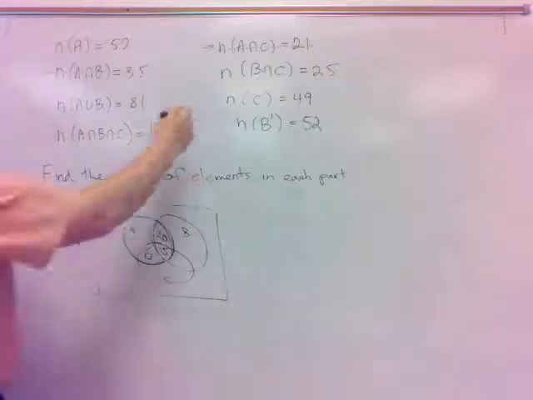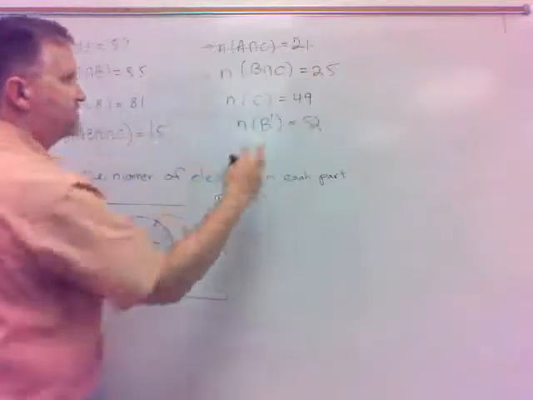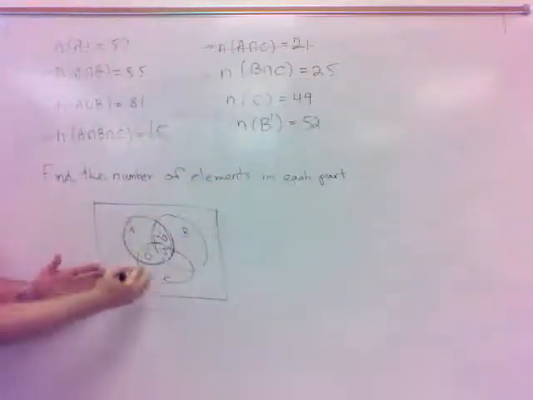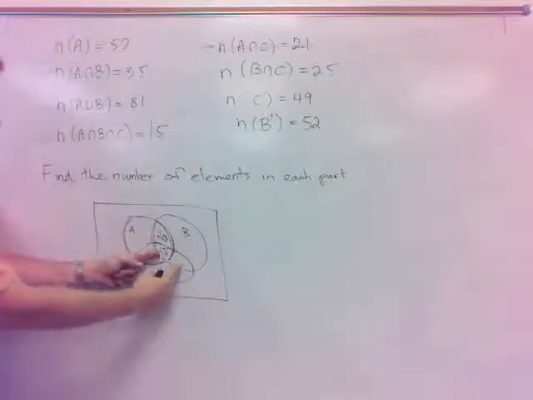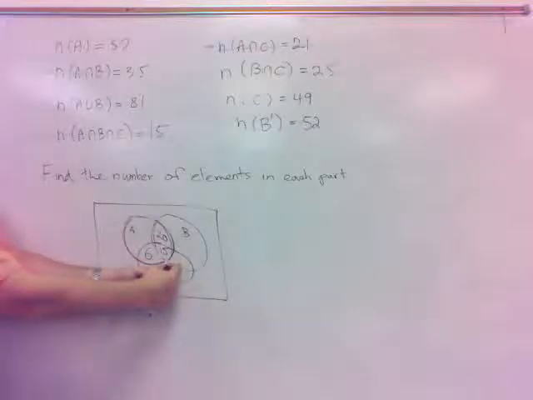B intersection C is 25, so that's the overlap of the B and C circle, these two. That totals to 25, so it must be 10 right here, right?